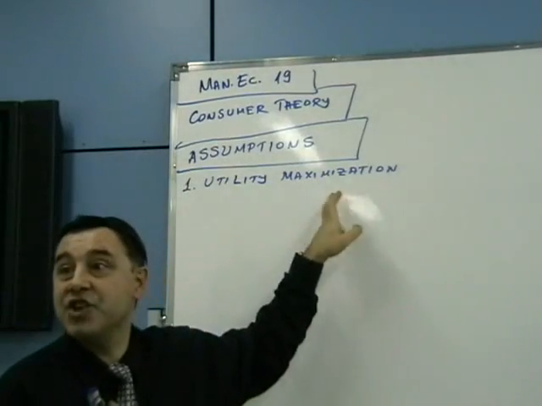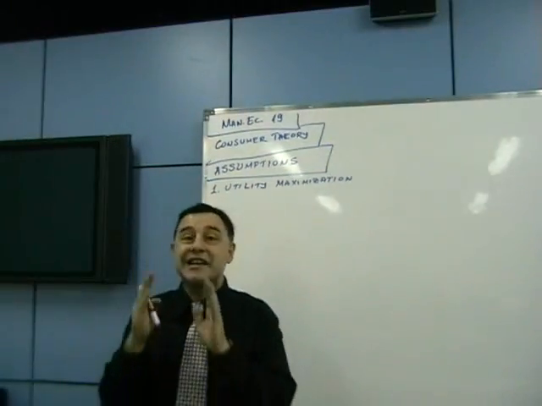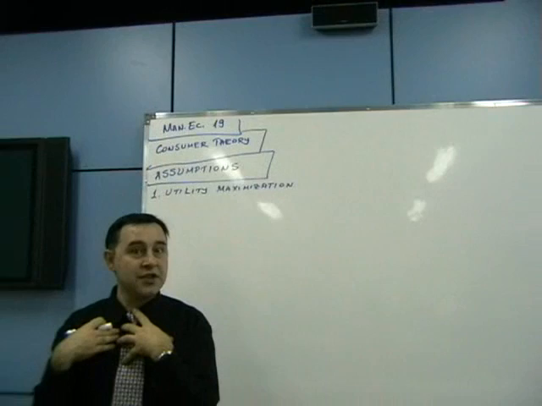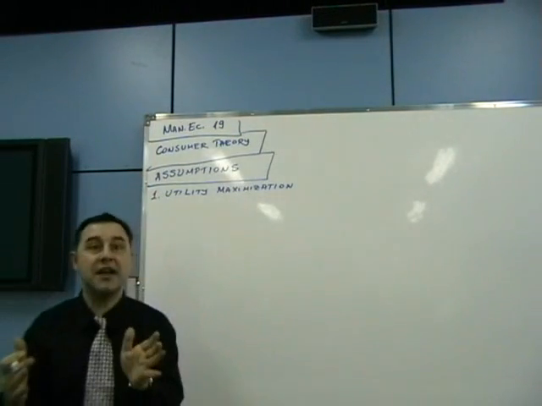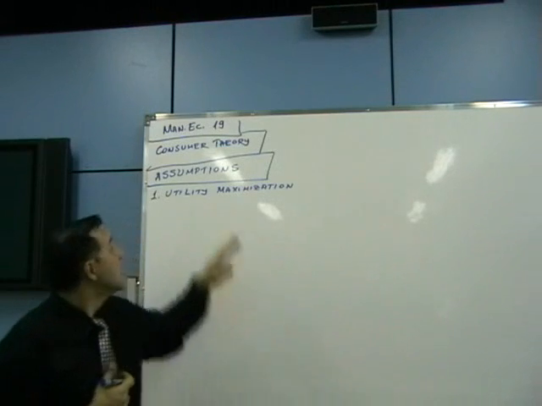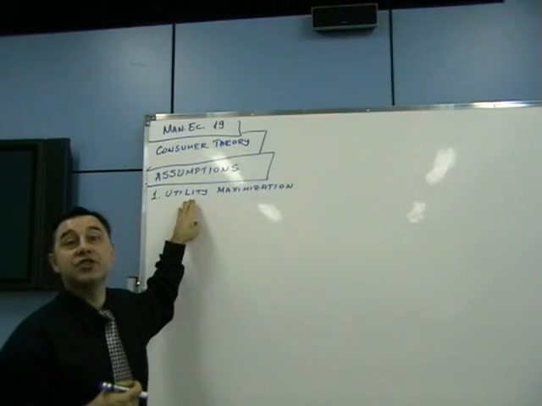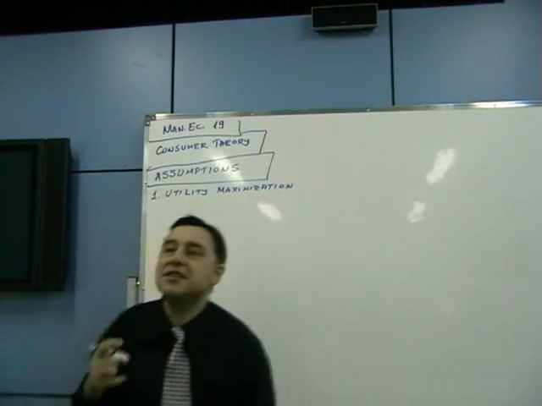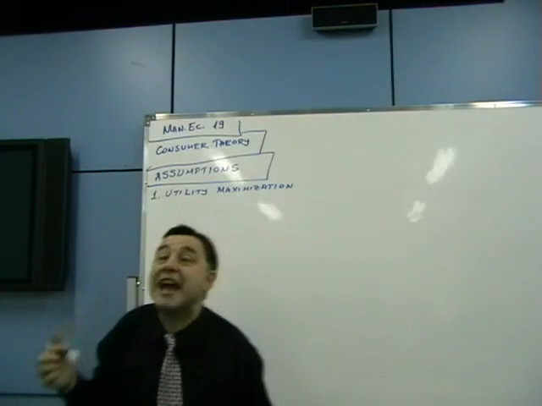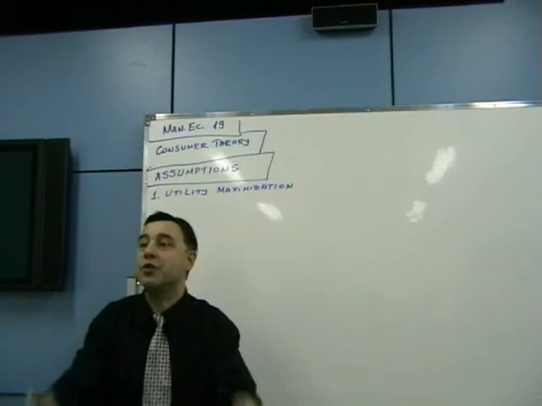Utility maximization means that given the money that the consumer has, we call it the budget, given the money that he has disposable, consumers always try to maximize their utility. In other words, this is the basic concept of getting the most out of your money.